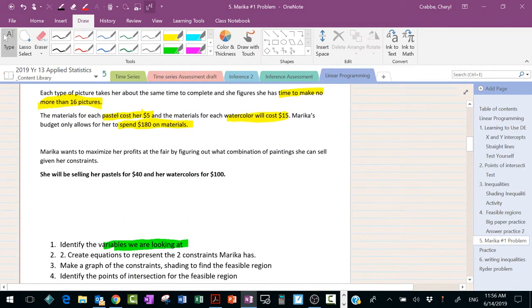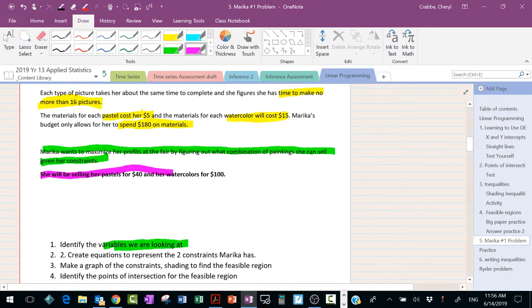Marika wants to maximize her profits at the fair by deciding what combinations of paintings she can sell given her constraints. Somewhere in the question, you will be given something called an objective function, which will deal with maximum profits or minimum costs or whatever. In this case, it's about profits.